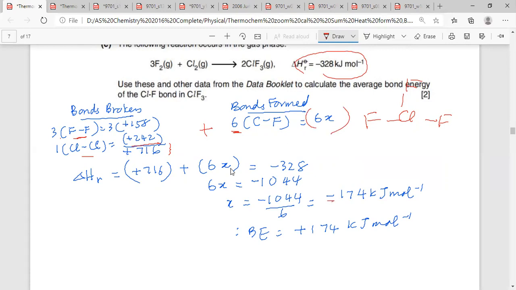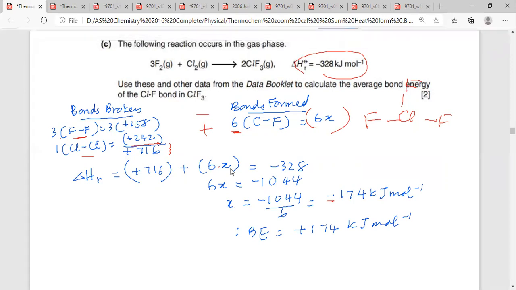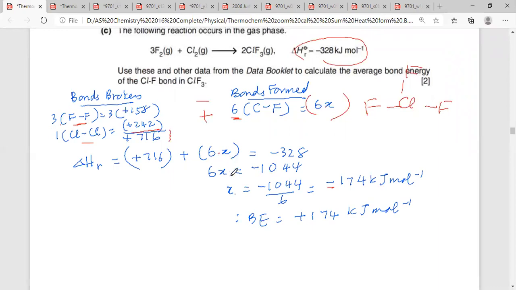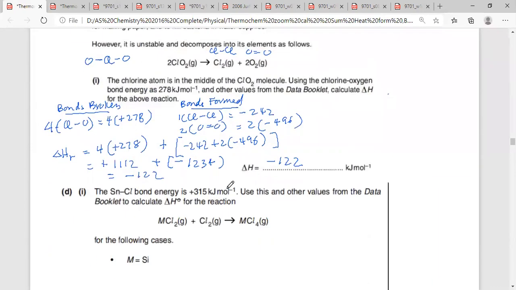But bond energy is always positive, so you change it. If you want to put positive here, you can just put minus here and here becomes negative. It's up to you. This is variable. I like to use here as negative right now. So here 6x. Remember you bring over here, it is negative. That means here is negative, but bond energy is always positive. Now all these are the same.